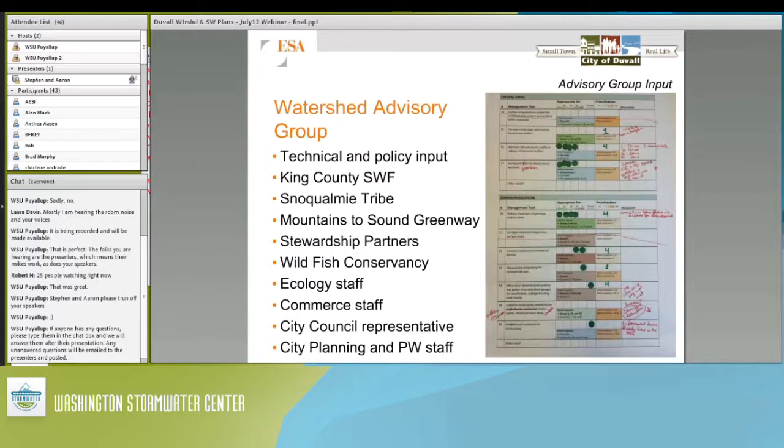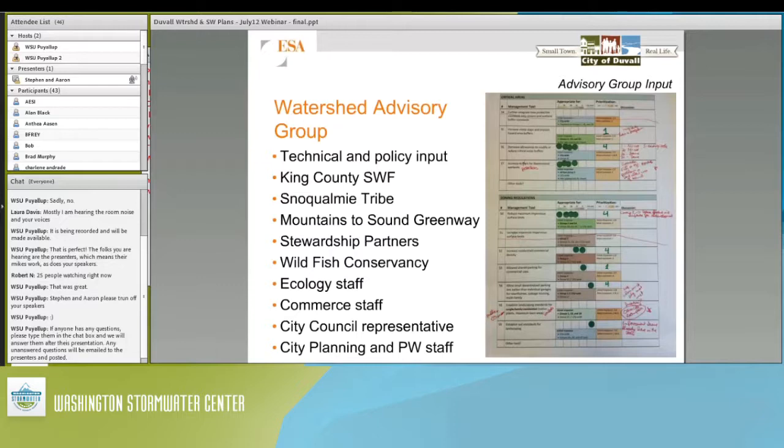And there were City Council and Planning Commission representatives both sitting on the advisory group, as well as staff from Planning and Public Works. So it gave a holistic and pretty diverse set of perspectives on what the watershed plan's intent was, and on the technical work being done to make sure it was meeting the needs of the city and was technically sound, and thinking about implications.